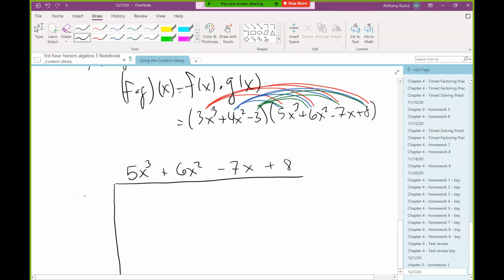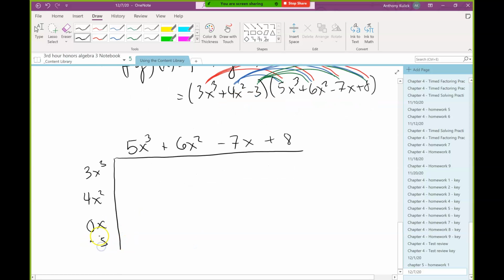So I'm going to write one polynomial horizontally, and I'm going to write the other polynomial vertically. And you'll notice when I did this, I included this 0x term.